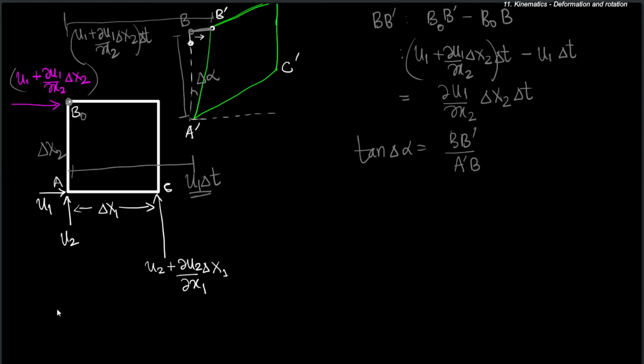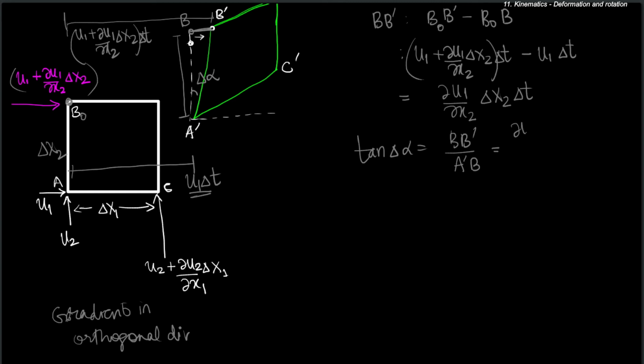We are considering gradients in the cross direction. So in the orthogonal direction x2, we have a gradient in the x velocity, but the y velocity is the same, and if the y velocity at A and B0 is the same, it will not lead to an extension of AB0, and thus AB0 and A prime B will have the same length, and thus A prime B will also be equal to delta x2.